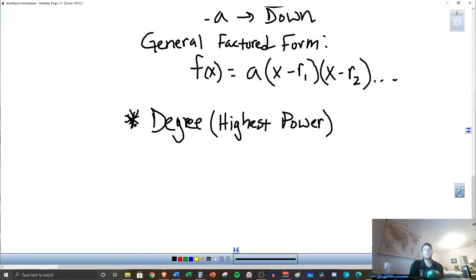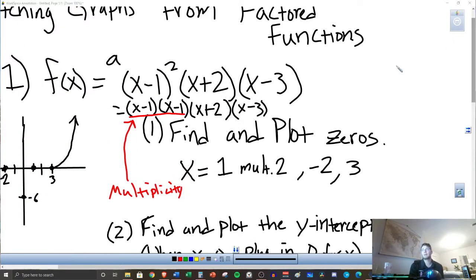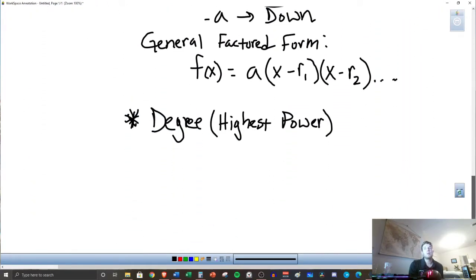So what is the highest power of this function? So we go back up to it. Well, it's not in standard form, so it's not very easy to tell this. But from our last notes, we wrote down this rule. Degree is equal to the number of zeros.